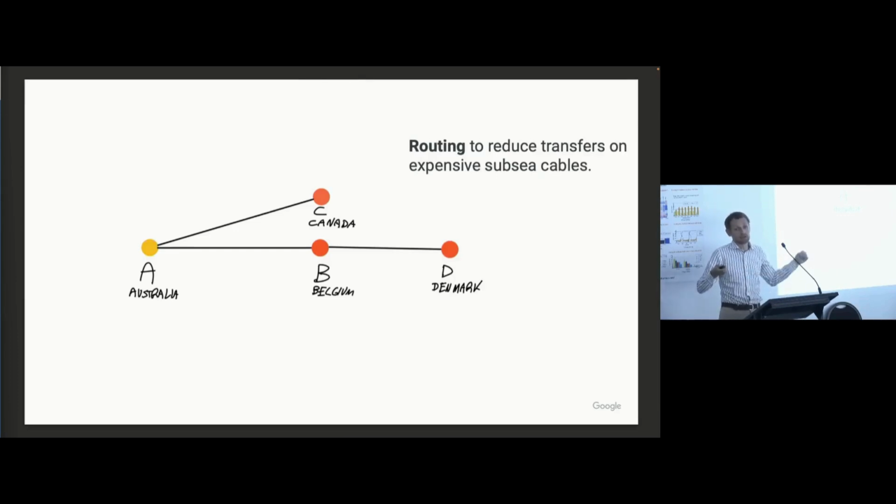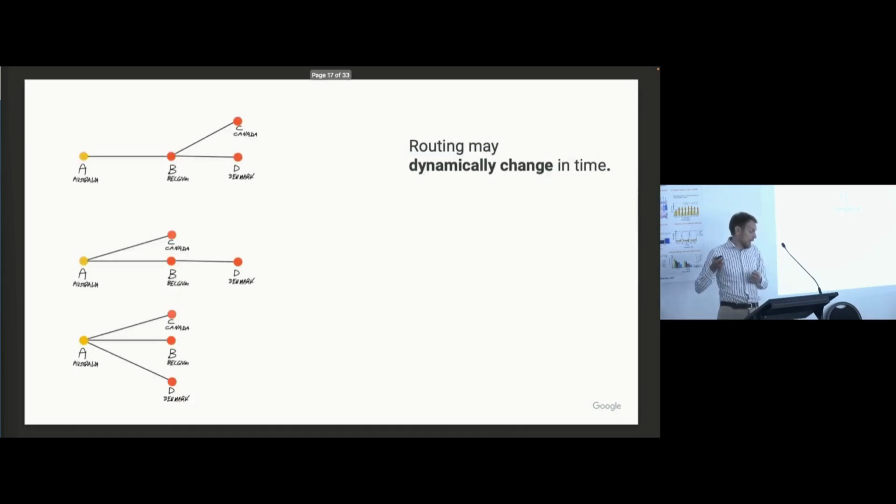First you transfer to Europe, and then you use the local European links to transfer within a continent. In fact, this routing may change in time according to network conditions, according to costs of links. But so far so good. SIGCOMM does networking, does routing without any problems.